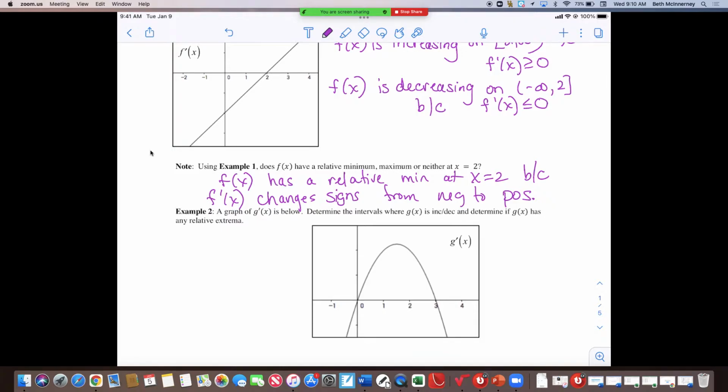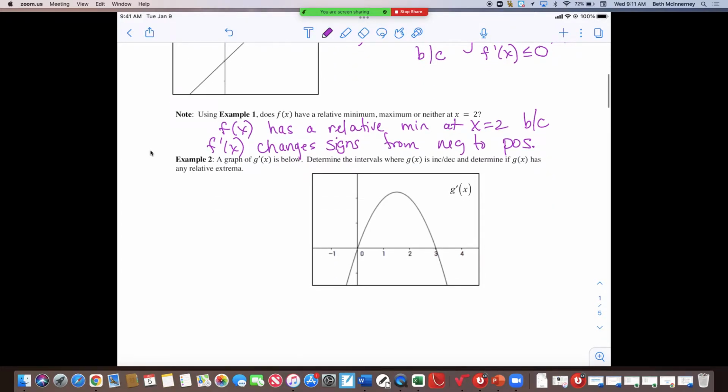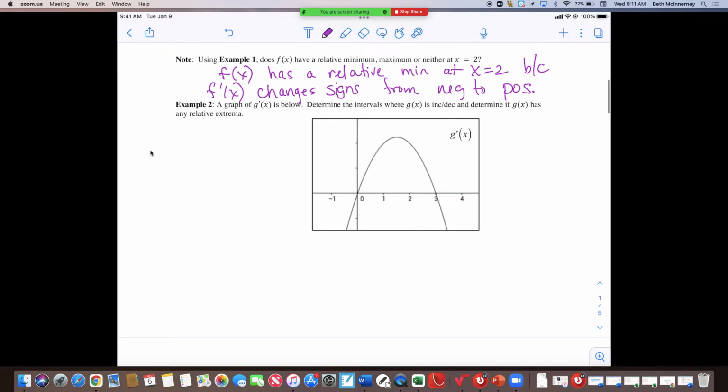All right, example 2, a graph of g prime of x is below. So very, very similar. Determine the intervals where g of x is increasing or decreasing, and determine if g of x has any relative extrema. And all you can find are the x coordinates because we don't have an equation or a graph of g of x. So go ahead and try example 2.